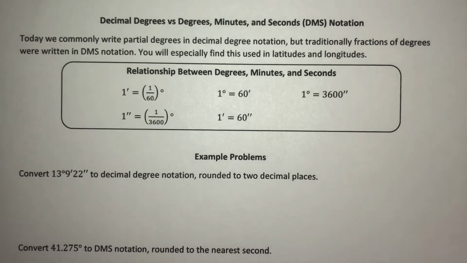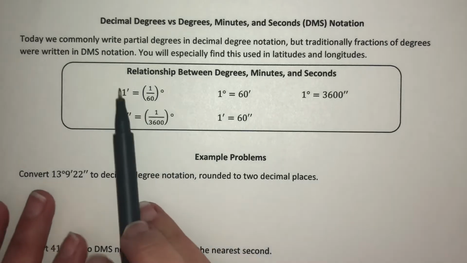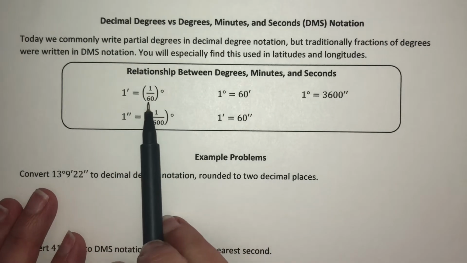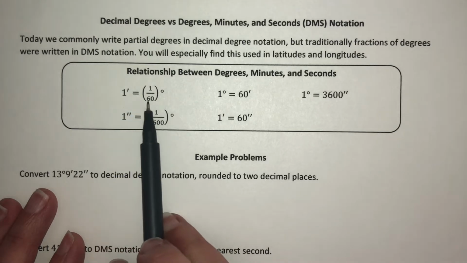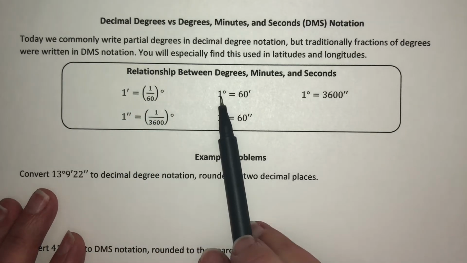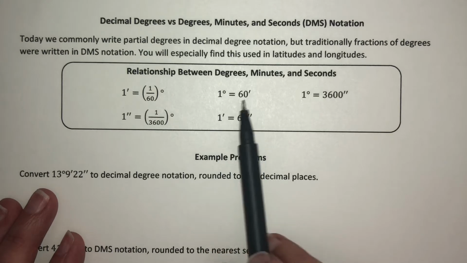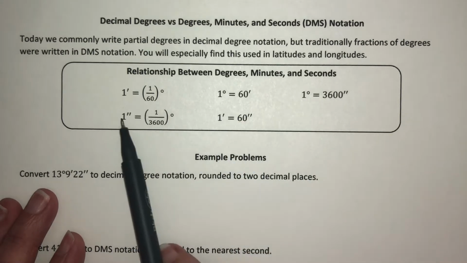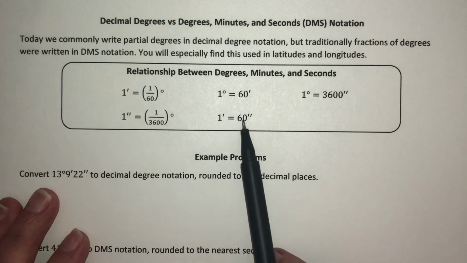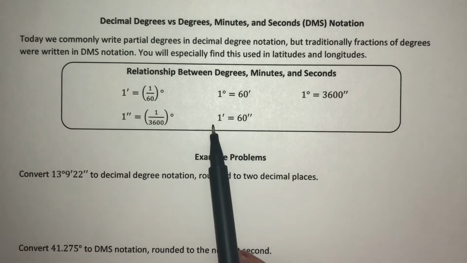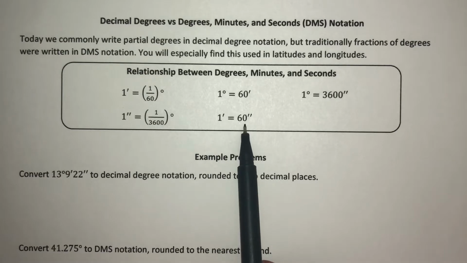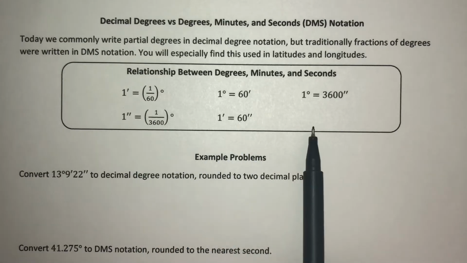The relationship between degrees, minutes, and seconds is very similar to the relationship between hours, minutes, and seconds. 1 minute is 1/60th of a degree, just like 1 minute is 1/60th of an hour. So a 1 degree angle is 60 minutes. And just like a second is 1/60th of a minute, or 1 minute equals 60 seconds, you have the same relationship here.